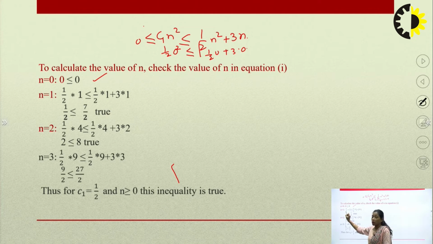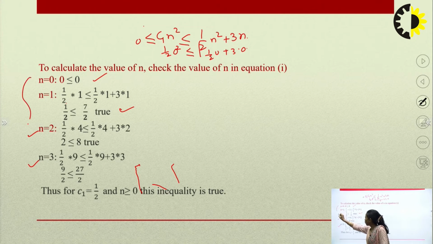For n equal to 1, we calculate 1 by 2 multiplied by 1 less than or equal to 1 by half multiplied by 1 plus 3 into 1. We calculate this value and we get 1 by 2 less than or equal to 7 by 2, which is also true. Similarly, we calculate for n equal to 2 and n equal to 3.